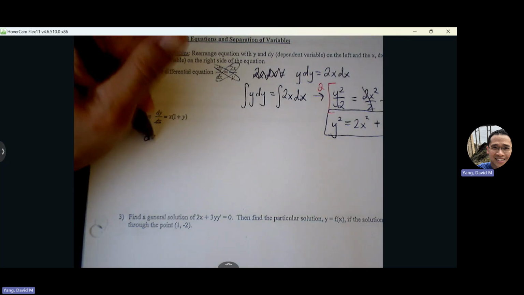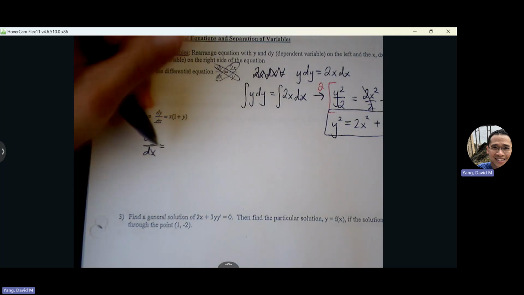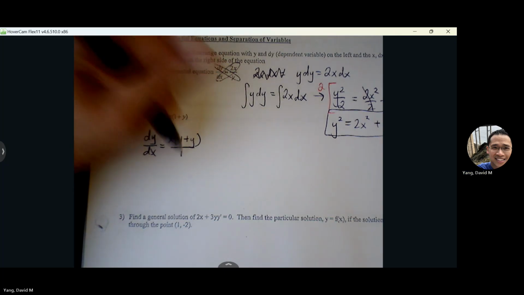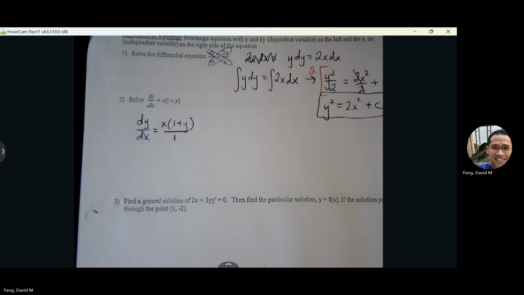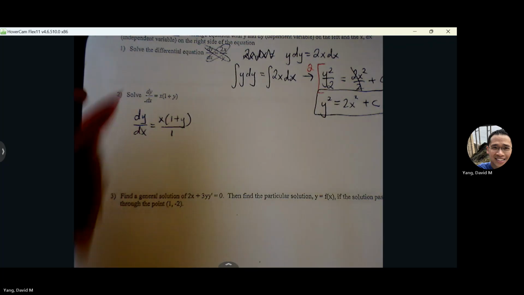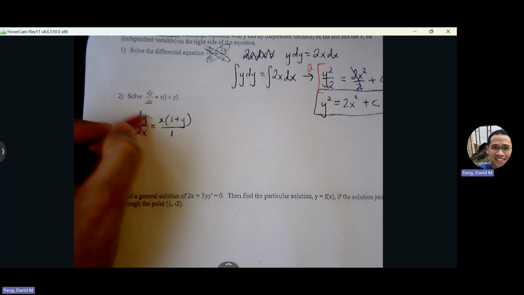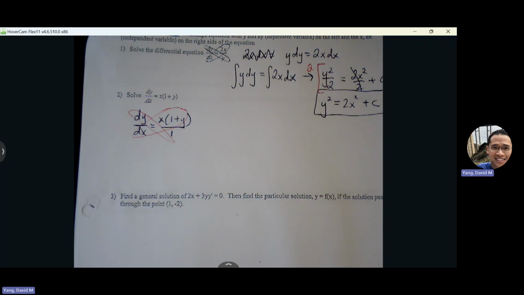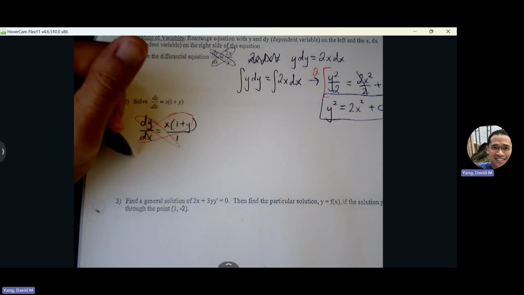But my first step is always cross multiplying. So I'm going to force that right side to be a fraction. I'm just going to cross multiply. Again, the whole purpose of cross multiplying is I want to make sure that my dy and dx's are in their correct spots.